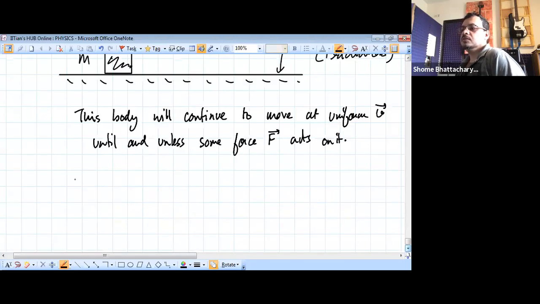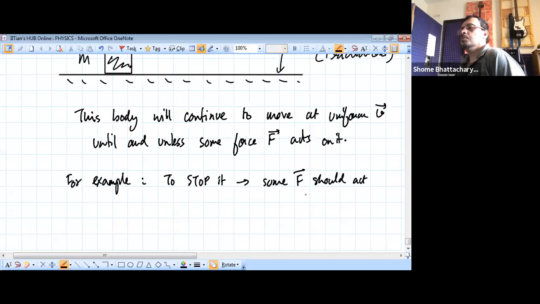So for example, to stop it, some force should act opposite the velocity.